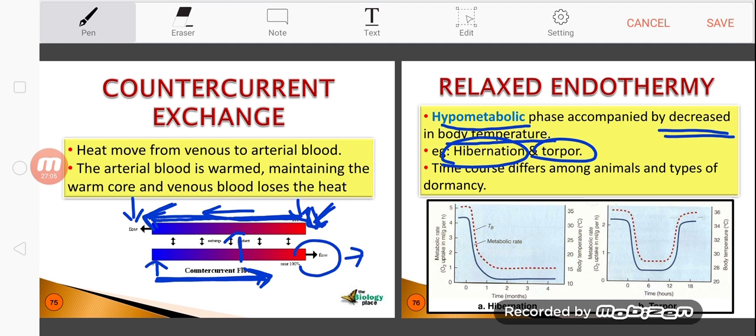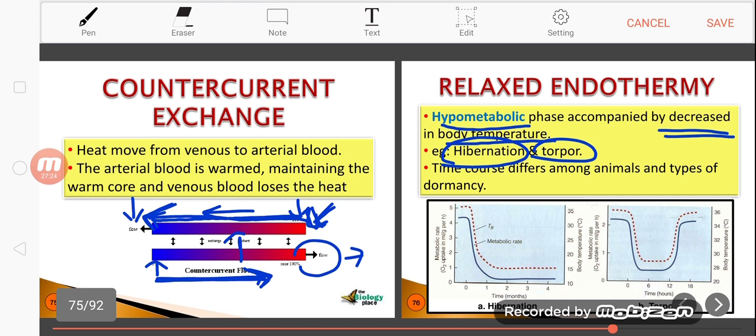They retain the heat in their core body temperature. So there will be minimal heat transfer or heat exchange during hibernation and torpor.